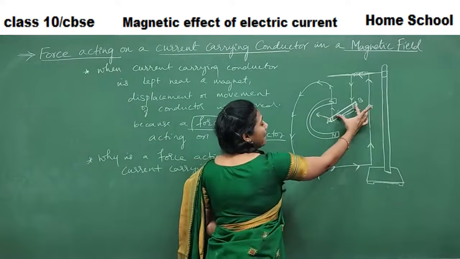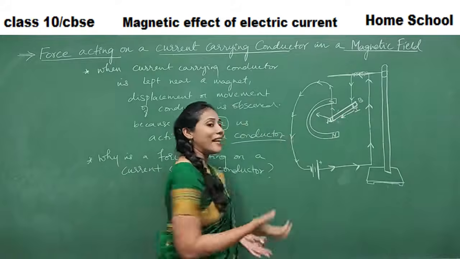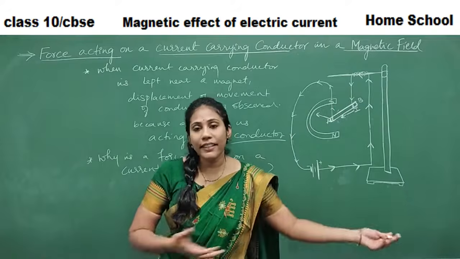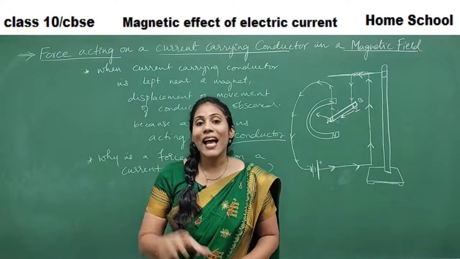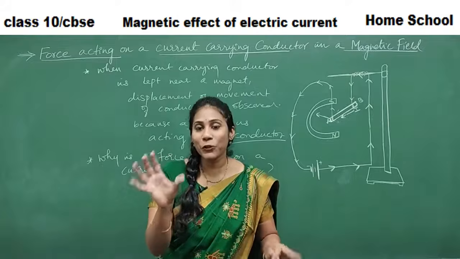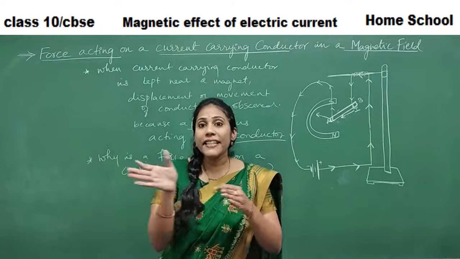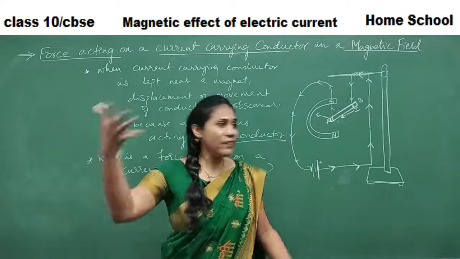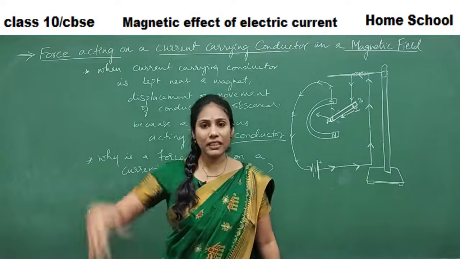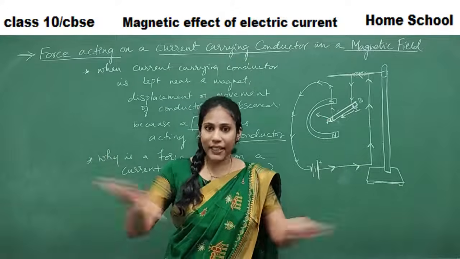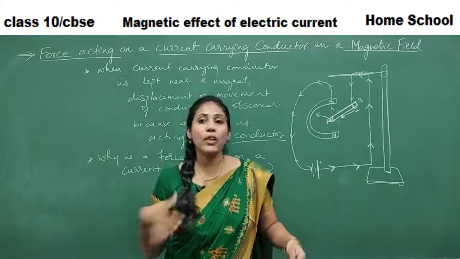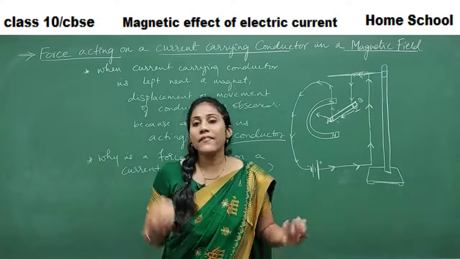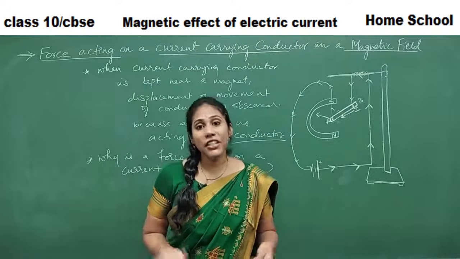Whenever a current is passed in a conductor, a magnetic field gets generated. This is what we studied in all the previous videos. Hans Oersted is the scientist who told that whenever current is passed in a conductor, a magnetic field gets generated. Whatever the shape of the conductor, whether a straight line, a circular loop, or a solenoid, in all situations we have seen a magnetic field getting generated.